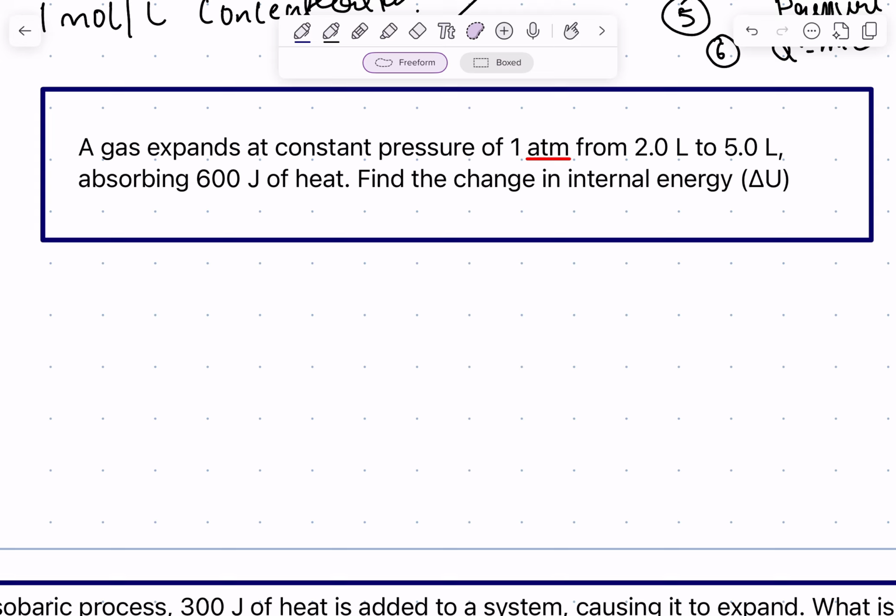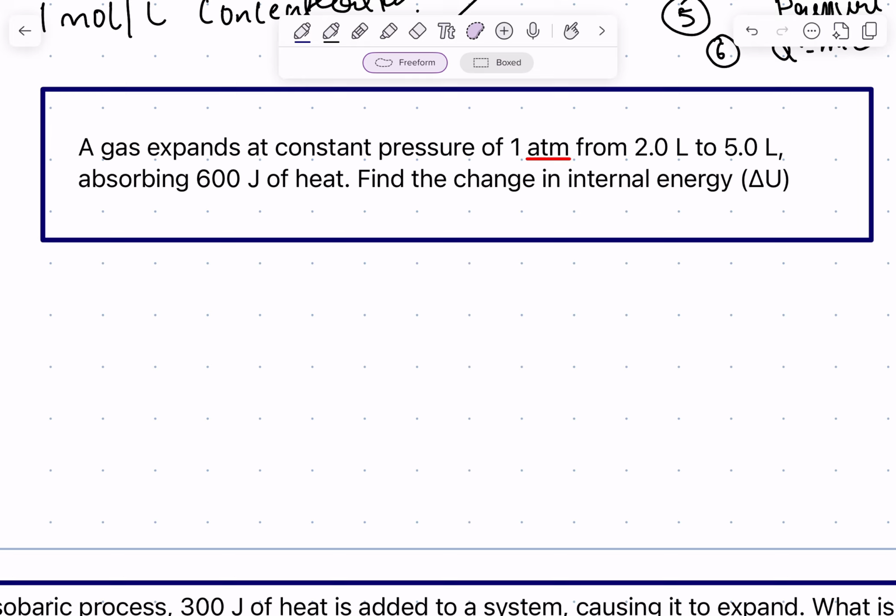The question is: a gas expands at constant pressure of 1 atm from 2 liter to 5 liter, absorbing 600 joule of heat. Find the change in internal energy. It's 296 joule. Okay. All right, so let's solve it.